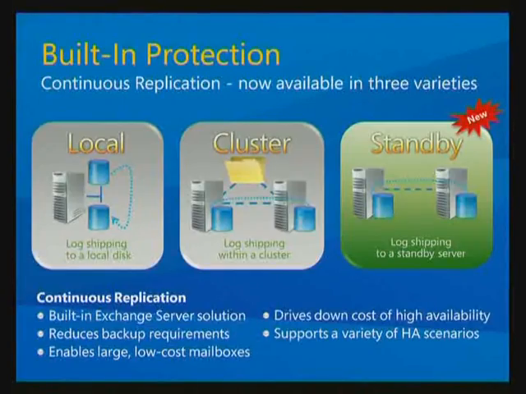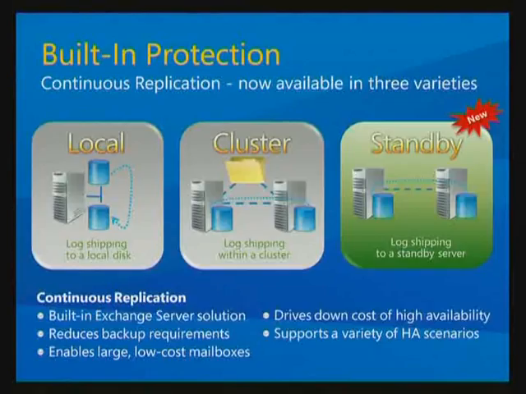And so that's where we introduce cluster continuous replication. This uses the Microsoft clustering model and allows you to have active-passive pairings of Exchange. So you'll have an active mailbox server with your mailbox database or databases sitting on that server. As messages come through, the log files are created and shipped across to the passive node and replayed there.